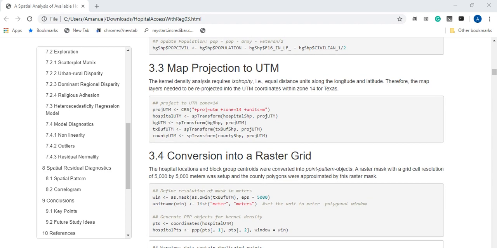And the data is converted into a raster grid using the block group and hospital location centroids. It's converted into point pattern objects with a raster resolution of 5 kilometer by 5 kilometer.